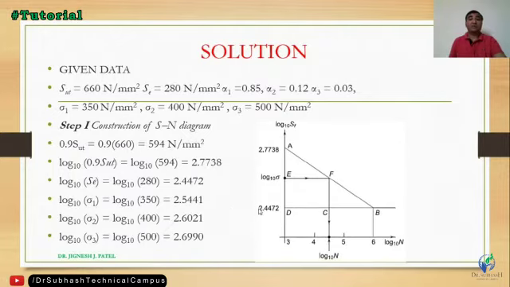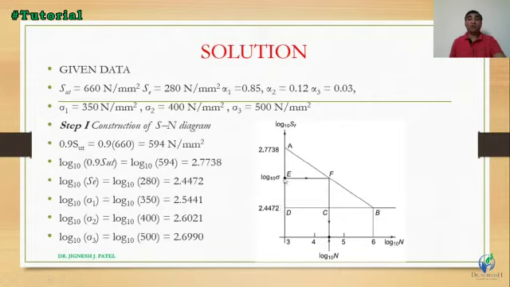You can see here in this S-N diagram, on the x-axis is log n, on the other axis is log SF. This diagram starts from point A, whose value is log 0.9 SUT, that is 2.7738. At point B, it is the endurance limit, so log SE is equal to 2.4472.